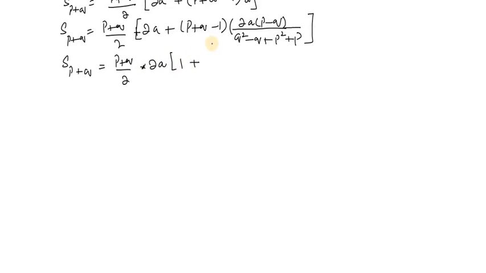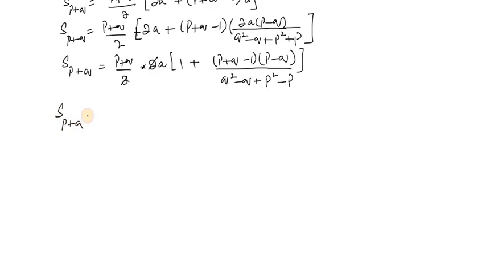So here 1 plus (p + q − 1)(p − q) upon (q square − q + p square − p). 2 will be cancelled.